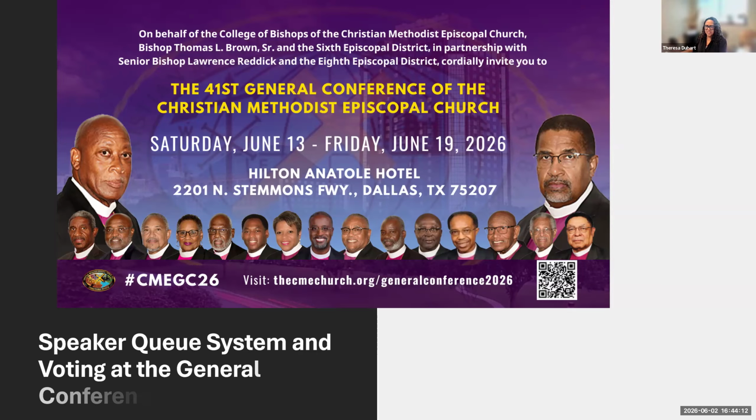This portion of the training session provides an overview of the voting at the general conference, as well as using the speaker queue system. Many persons who served as delegates and alternates at not only the 2022 general conference in Cincinnati, Ohio, but also in 2018 in Birmingham, Alabama, will recall that we use the same company or vendor, Option Technologies, to provide the speaker queue system and the voting electronic devices.